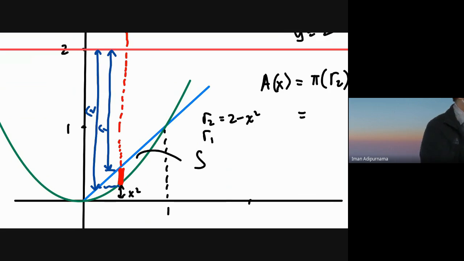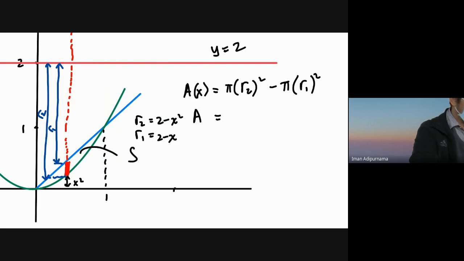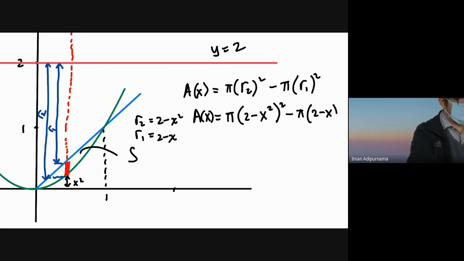And R1, this is until the blue curve. This is x, so 2 minus x. That is our radius. So the area will be pi (2 minus x) squared, minus pi (2 minus x squared) squared.